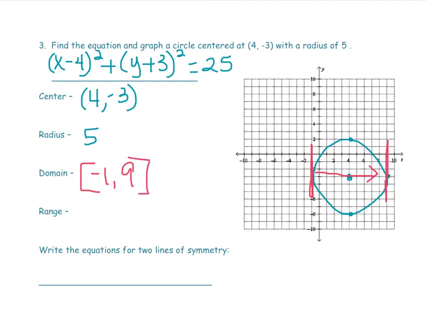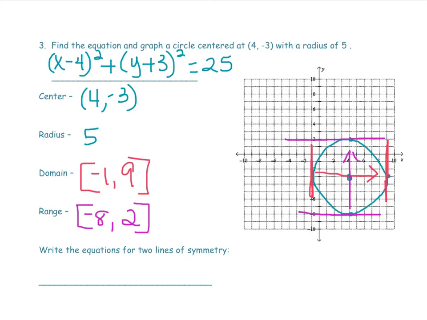So that's the domain of my circle. Now for the range. We will start here at the bottom of the circle where y equals -8. And then we will go up until we get to the top of the circle where y equals 2. So that is the range of my circle.